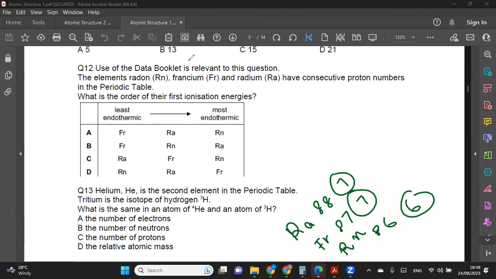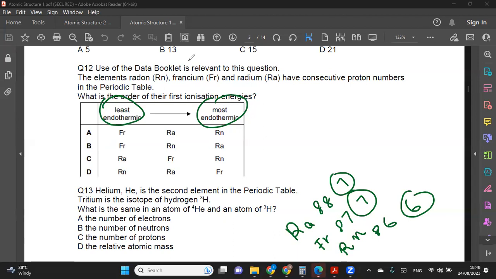Now, when we talk about the process, what do we mean by least endothermic and most endothermic? Do you guys remember I told you that ionization energy is always positive? Whenever I want to do the process of ionization, I will always have to add energy. Ionization energy is always an endothermic process. If the ionization energy is less, then it is going to be least endothermic, because I do need to put energy, but not as much.